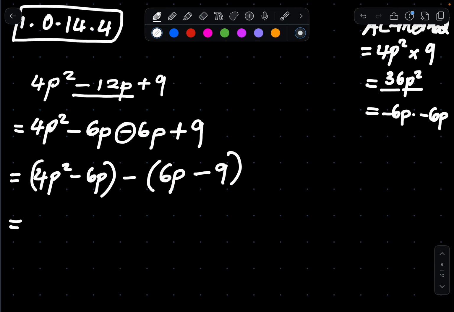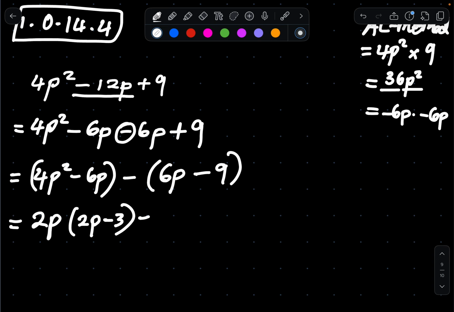Now let's go on. In the first bracket, there's a highest common factor of 2p. Because between 4 and 6, the highest common factor is 2. Between p squared and p, the highest common factor is p. And we are just left with 2p minus 3.